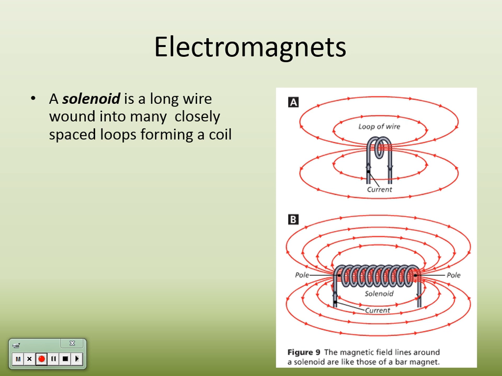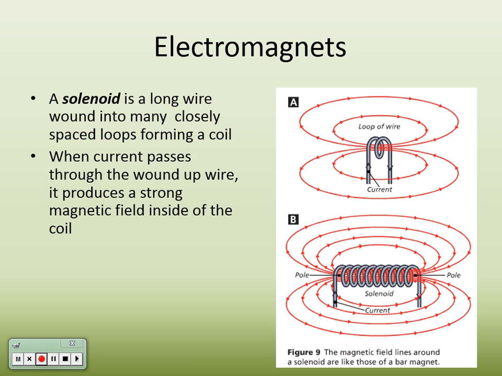So that coil of wire we call a solenoid. The solenoid is just the coil of wire. But when we have current passing through it, all of the loops behaving like one small bar magnet end up behaving like one big bar magnet.